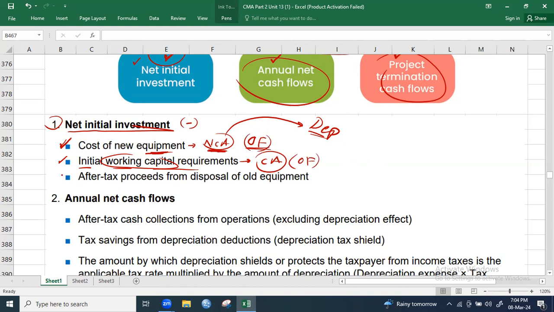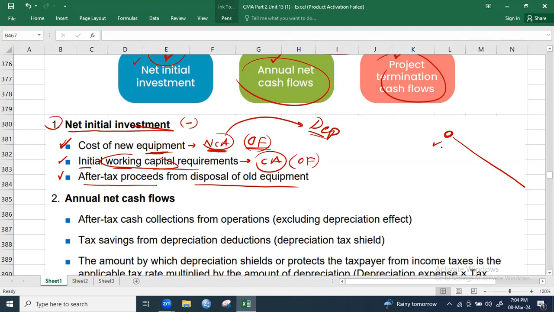Then the third cash flow could be after tax proceeds. This is really important. After tax proceeds from disposal of old equipment. What it means is, for example, if your project is starting from year 0 onward, maybe you have some old asset with you, and that old asset you are going to sell at this point.